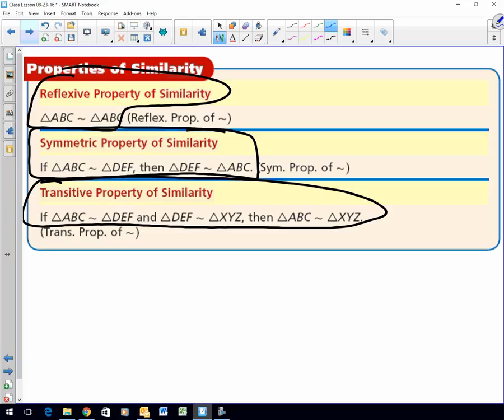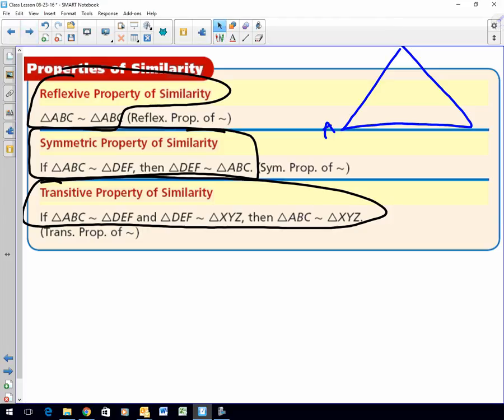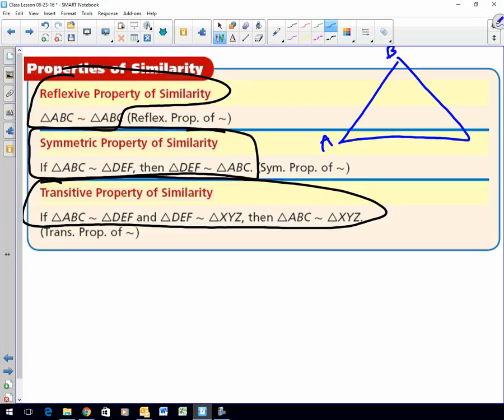Here is the reflexive property in a nutshell. Blue triangle ABC is similar to the red triangle ABC with the reflexive property.